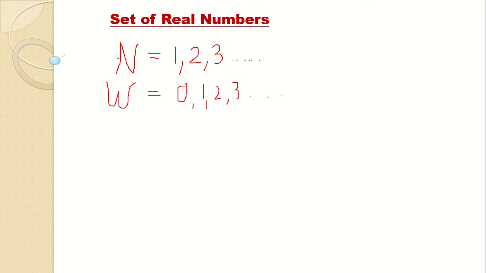Now if we consider these two sets, the intersection of these two sets would be 1, 2, 3 and go on. So these sets have a lot of numbers common to them, that is 1, 2, 3 and go on. Only this 0 is different. So these two sets have such a big lot of numbers common to them.